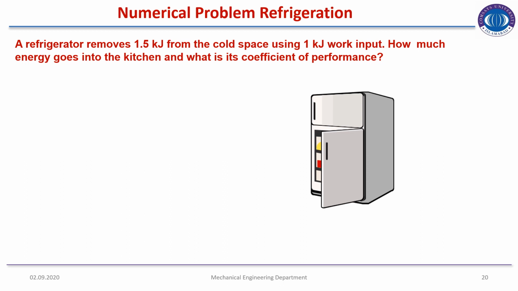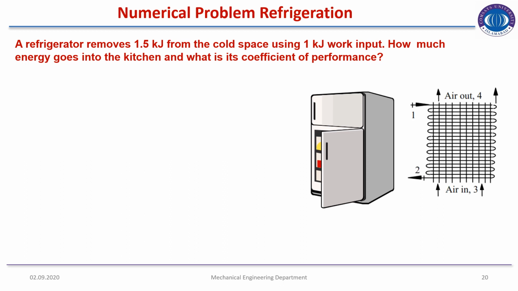A refrigerator removes 1.5 kilojoules from the cold space using 1 kilojoule of work input. How much energy goes into the kitchen and what is its coefficient of performance? So energy equation: QH is equal to W plus QL.